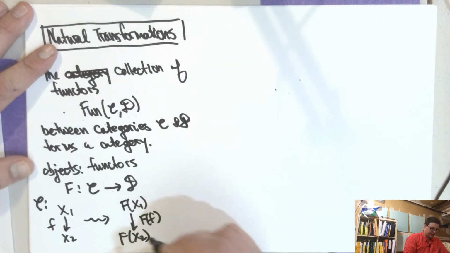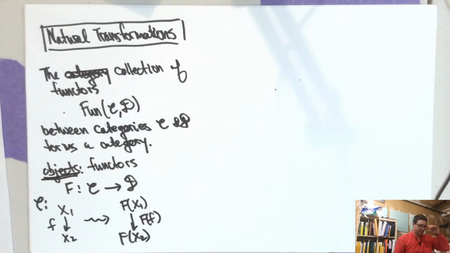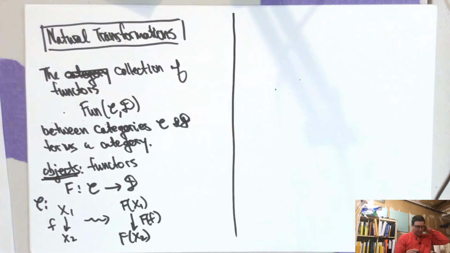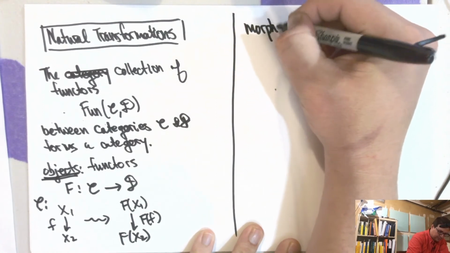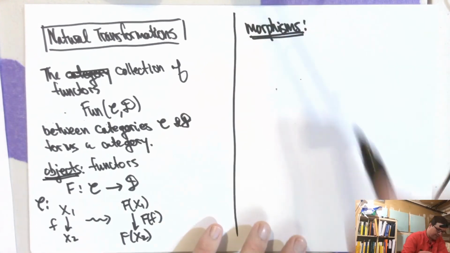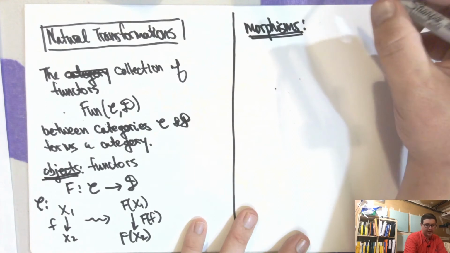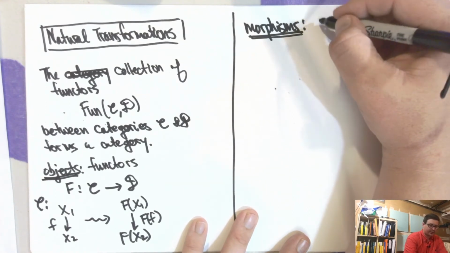That's what a functor does. So the objects of this category are the functors. And now the morphisms: given two functors, morphisms of functors are called natural transformations.